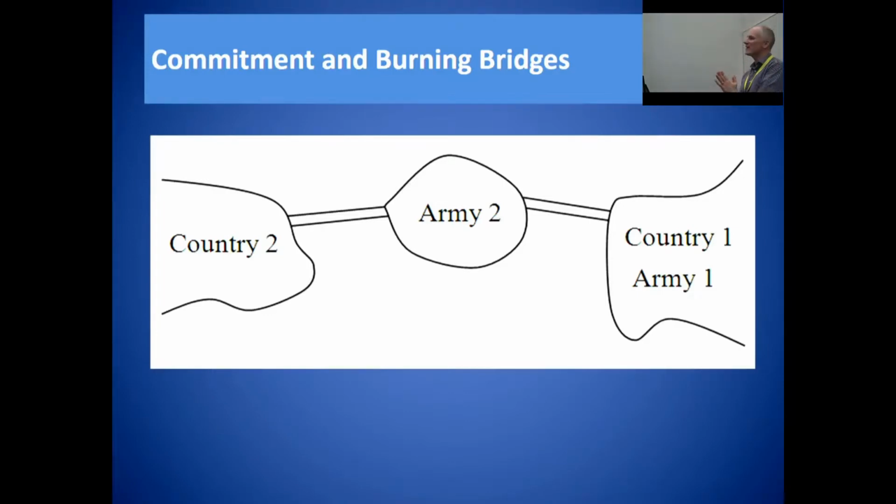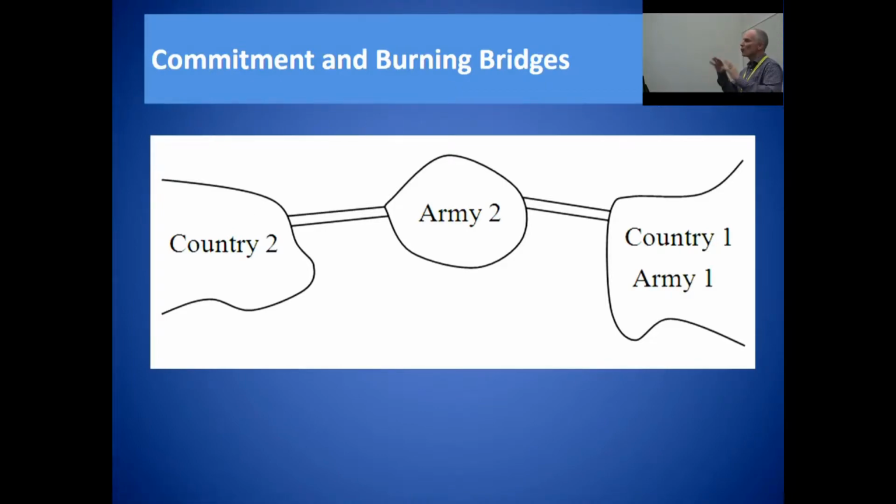So, what we have here with this game of burning bridges, there are two countries. Country 1, and there you go, on the left-hand side, country 2. And these two countries have an island between them. And this island that sits between these two countries is attached to each mainland by a bridge.